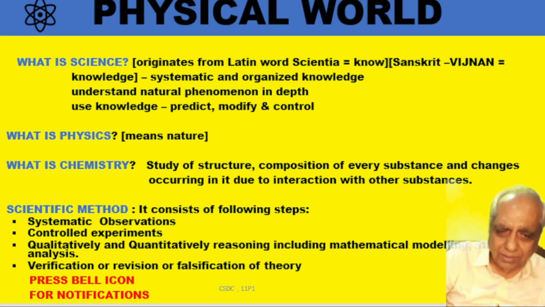Directly proportional or inversely proportional. Like this attractive force is inversely proportional to the distance squared of the body from the center of the earth. In this manner we should understand quantitatively, so that we can make an equation.